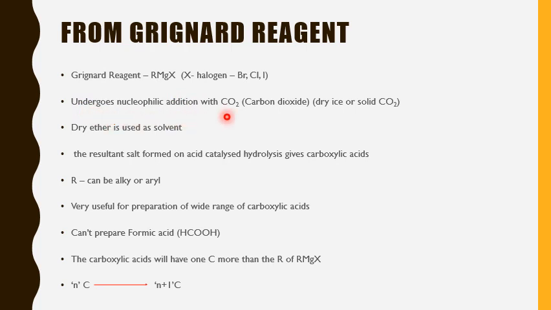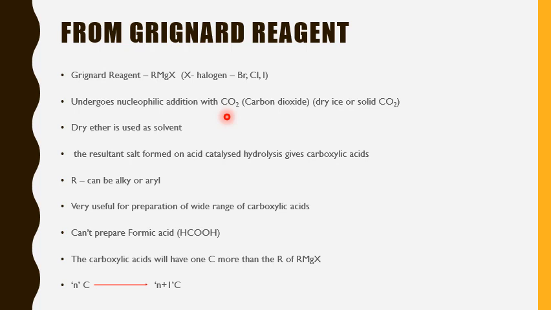As you know, this Grignard reagent has the structure RMgX, where magnesium is an electropositive atom. Due to its high electropositivity, it takes a partial positive charge, so that R, the hydrocarbon part, gets a partial negative charge. Therefore, the R can be an anion-type or nucleophilic species in this Grignard reagent.